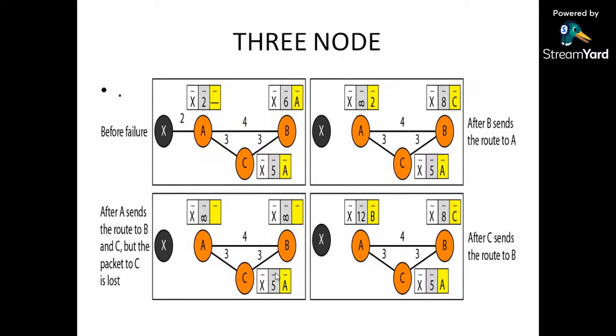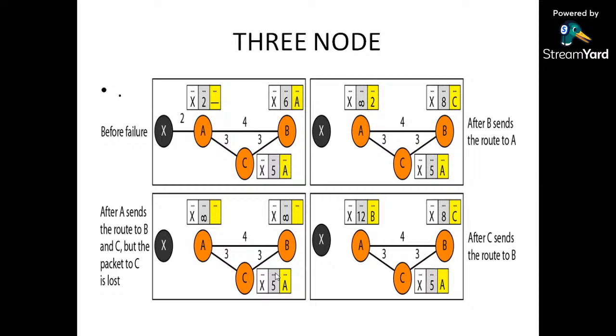Now, what is three-node instability? If you consider three nodes, A doesn't know about B, B doesn't know about C, and C doesn't know about A. The diagram shows the values of A, B, and C before failure. After failure, A becomes infinity. Then B sends to root A, again A sends to B and C, but the packets are lost.